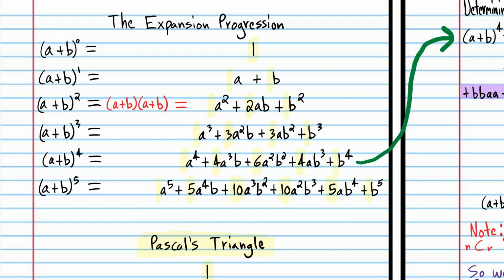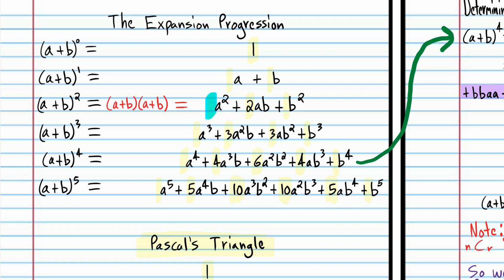Here's where the difficult part comes. This is the part that took some of the greatest minds to figure out. Where do these yellow coefficients come from? You see, when we perform FOIL and we collect the inner terms, we get these numbers. In this case, it would be 2. In this case, we have 3 and 3.